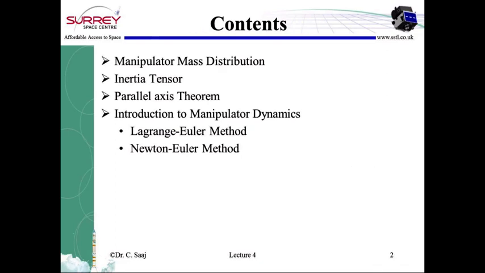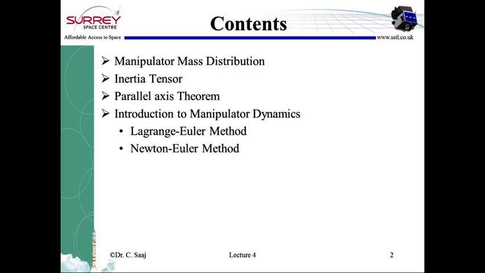Today I'm going to introduce you to the concept of manipulator mass distribution, and we will see how we can apply the concept of mass distribution to define the inertia tensor or the inertia matrix of the manipulator. Then we will discuss the parallel axis theorem, and thereafter we will discuss the modeling, that is the dynamical modeling.